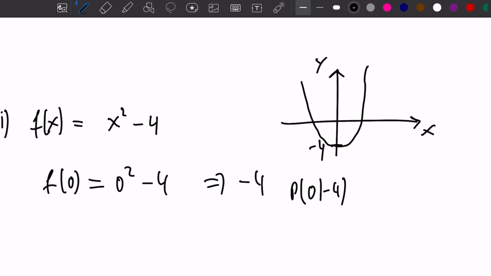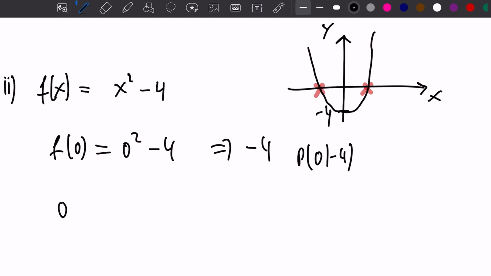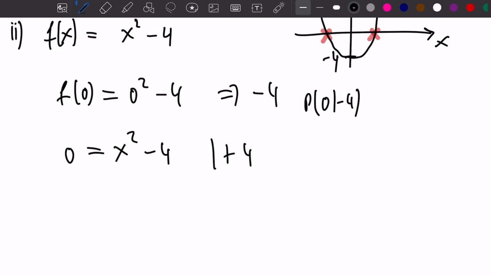And for the two intersections with the x-axis, we set the function equal to 0, so 0 equals x squared minus 4, so plus 4: 4 equals x squared.